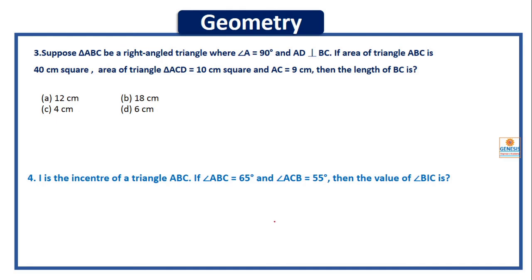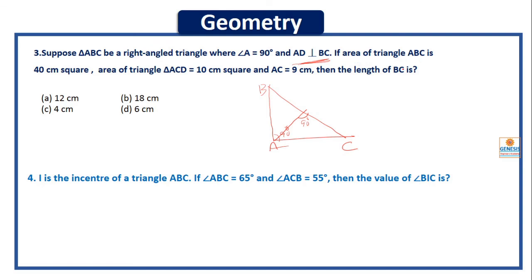So the next question is, suppose ABC, A is 90 degrees. I'll draw it like this, A, B, C, and I'll draw a line AD that is perpendicular to BC.